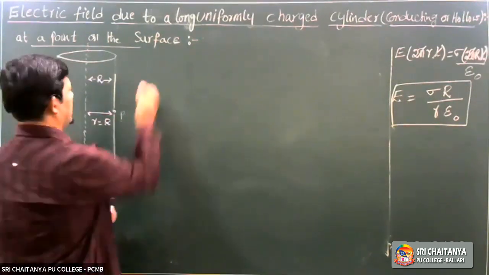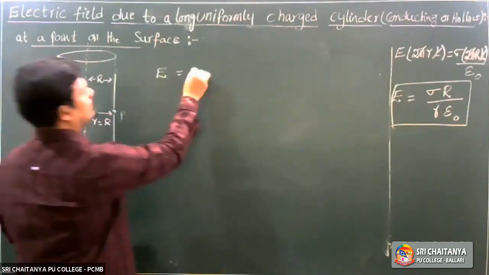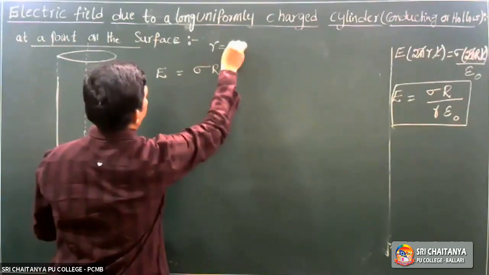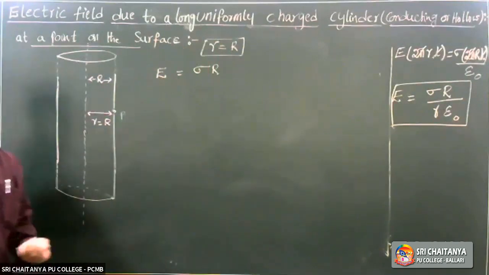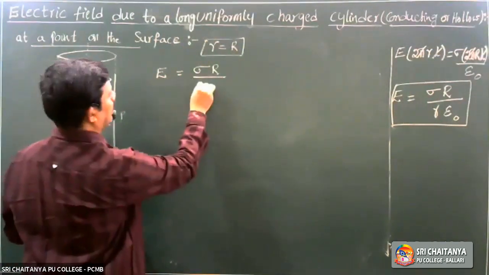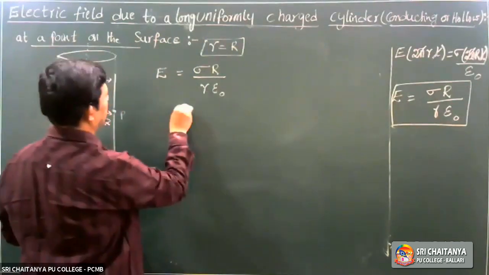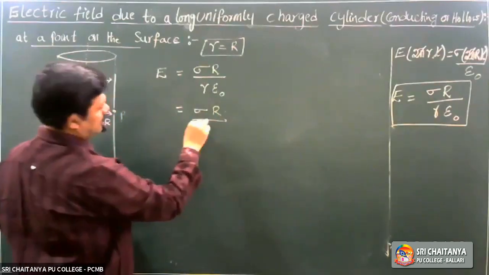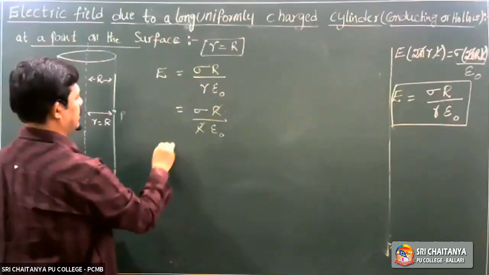Then E is equal to sigma r by epsilon naught. On the surface, immediately what should come to your mind? The distance r is equal to capital R. In place of small r, take capital R: sigma R by R epsilon naught. R gets cancelled.